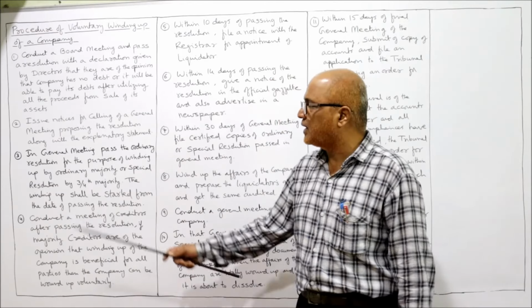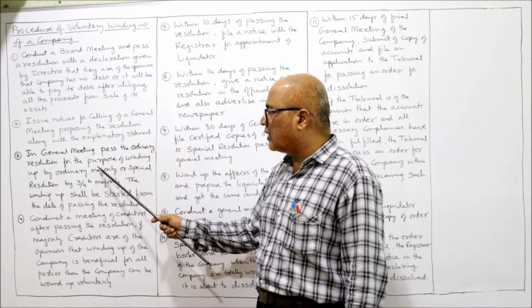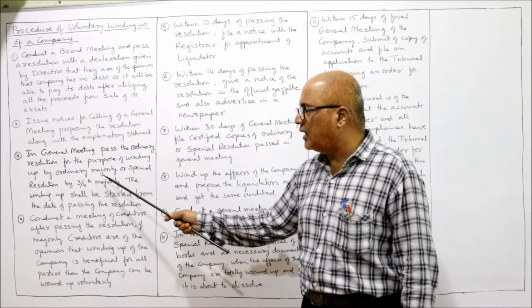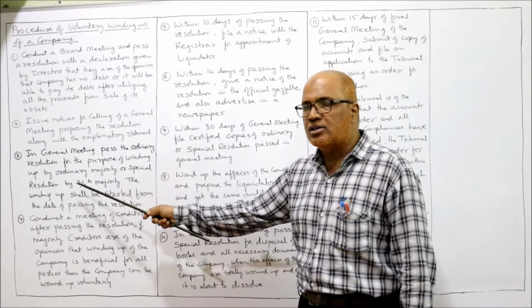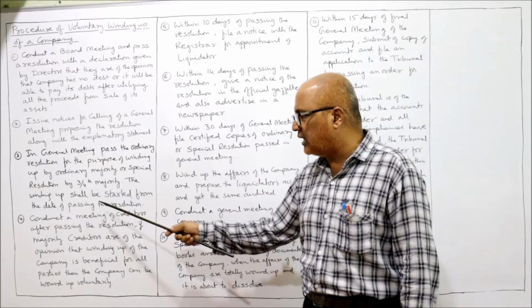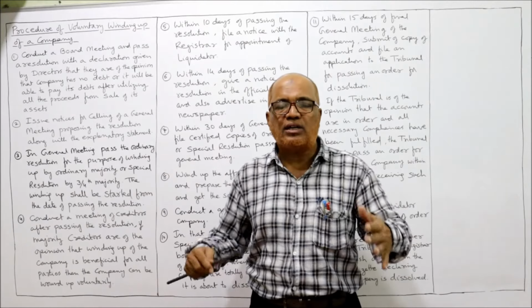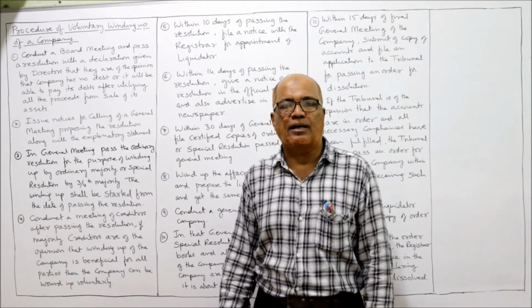given to the members. Then in the general meeting, pass the ordinary resolution for the purpose of winding up, or a special resolution by 3/4 majority. The winding up shall be started from the date of passing the resolution. Now it depends what type of winding up we are conducting.